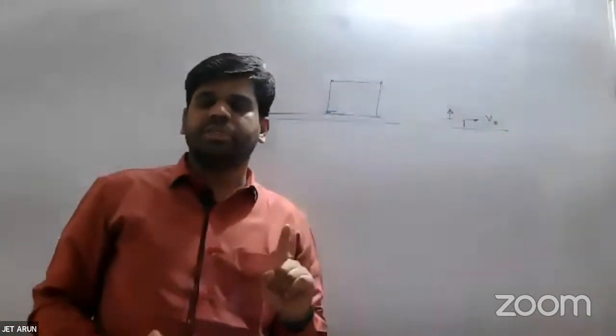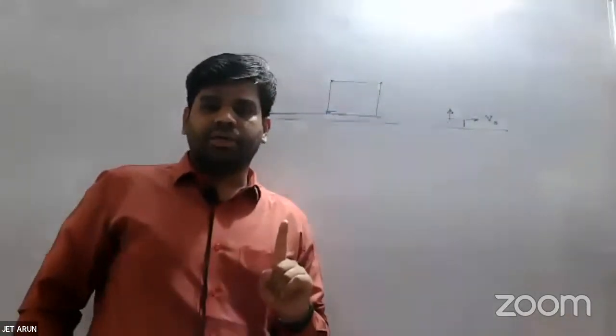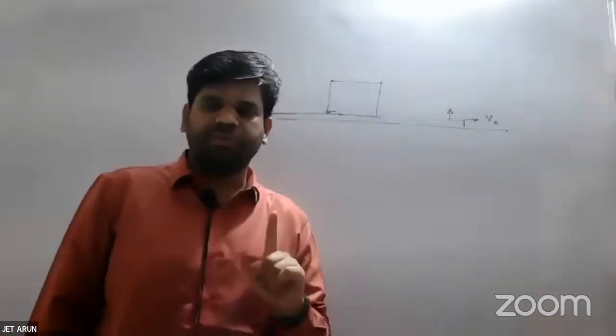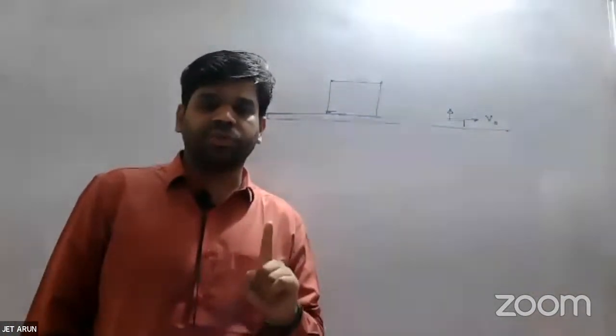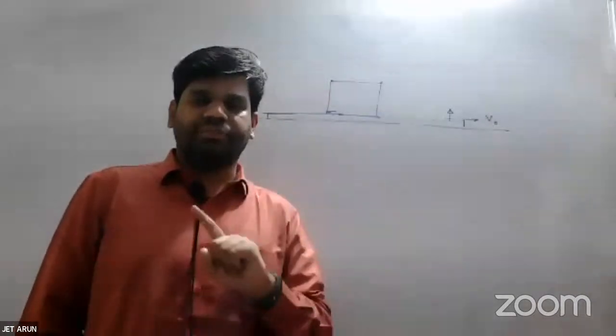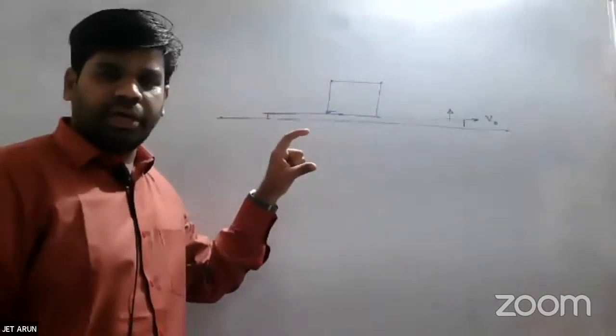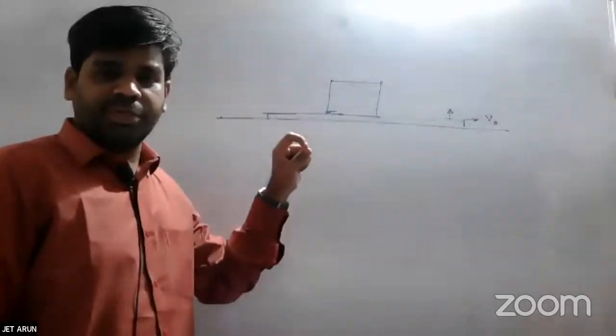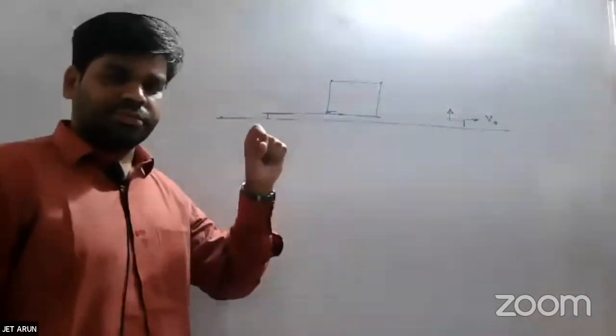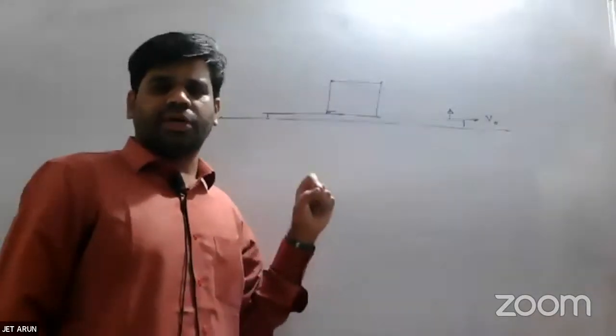Kinetic friction is easy to handle in one respect: it will always try to oppose the relative motion between the surfaces. It will try to bring the body to rest with respect to the surface in contact.